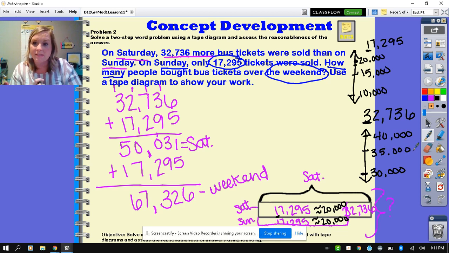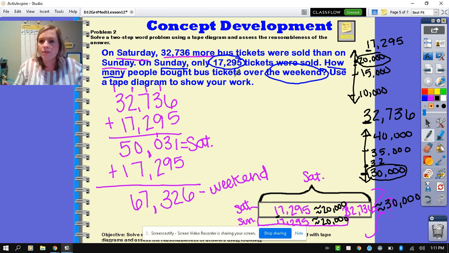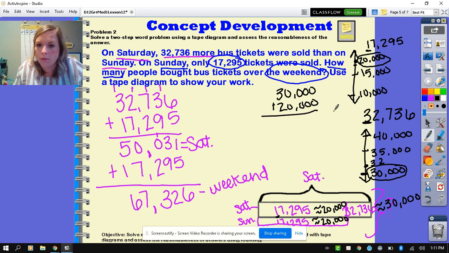As you can see here in the thousands place, that 32 is going to round down to 30,000. So that means this is about 30,000. So when we add those up, 30,000 plus 20,000, we're going to get 50,000.